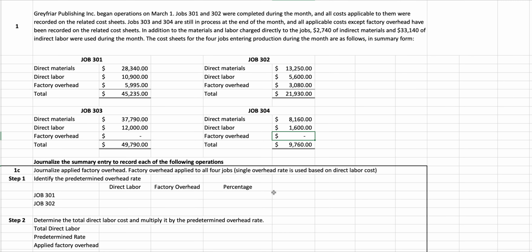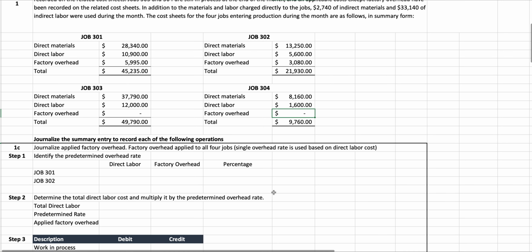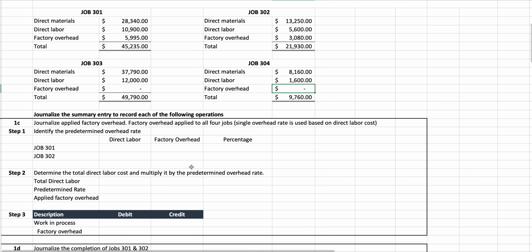So again, this is kind of a 3-step process. We first have to determine the predetermined overhead rate. Then we have to determine the total direct labor costs and multiply it by the predetermined overhead rate, and then we get to post it in our accounts.